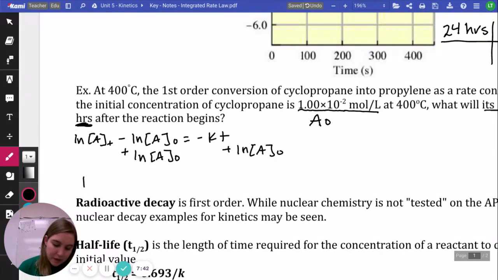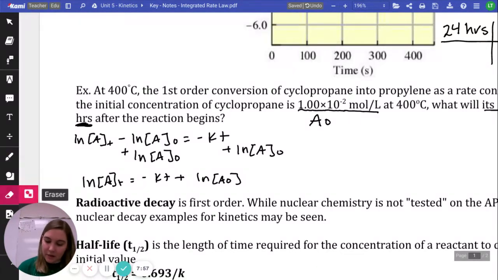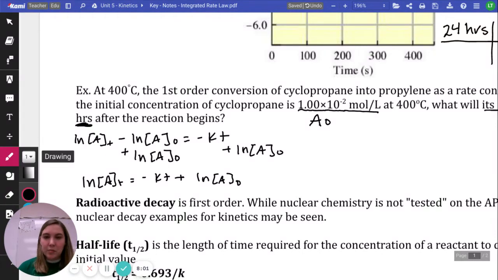And so I end up with the natural log of my final concentration is equal to negative KT plus the natural log of my initial concentration. I don't know why I keep wanting to put that 0 and the T inside the concentration instead of outside of it.